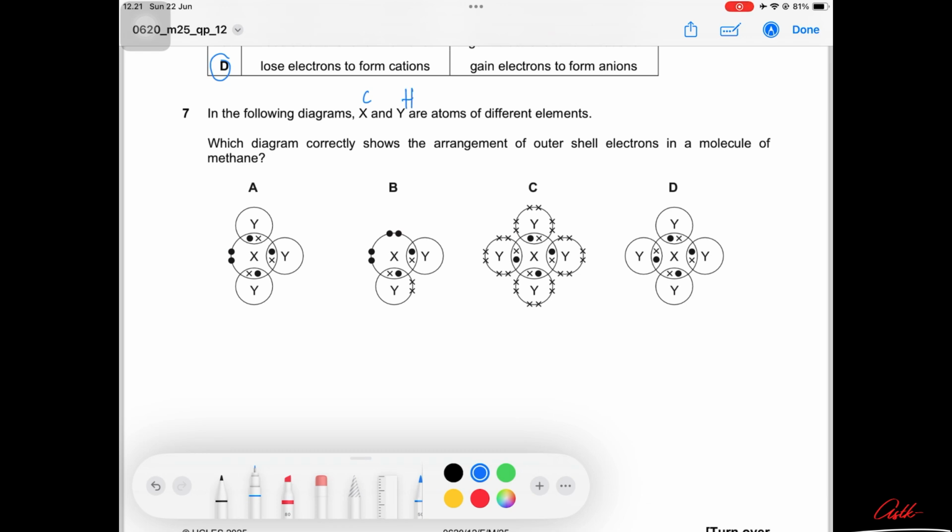As you know, the molecular formula for methane is CH4, right? So we can write it over here. Since the formula shows it should have 1 C and 4 H, you just need to eliminate options A and B directly. So now we are focused on options C and D.